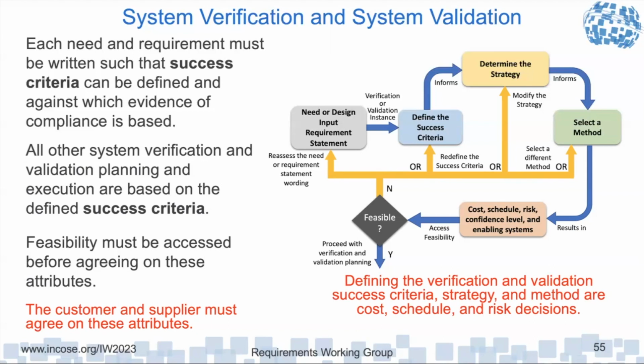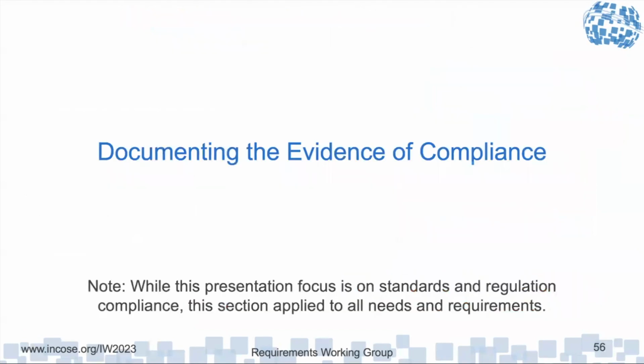But that may not result in the confidence level the customer needs, or the approving authority needs, to say that that requirement's been met. So there needs to be some give and take in there. And like I say, it is a cost, schedule, risk decision. And for customer supplier relationships, that needs to be addressed in the contract.